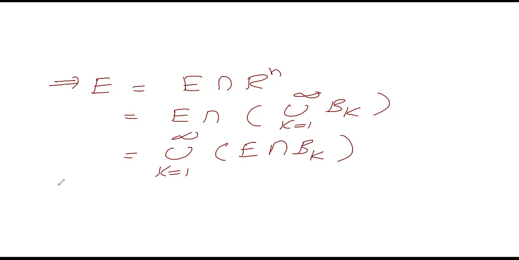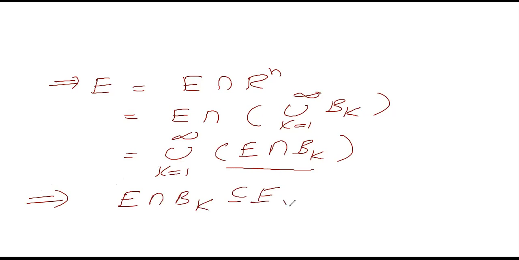Since E is this union, each set in the union is a subset. So this implies E intersection Bk is a subset of E for all k greater or equal to 1.